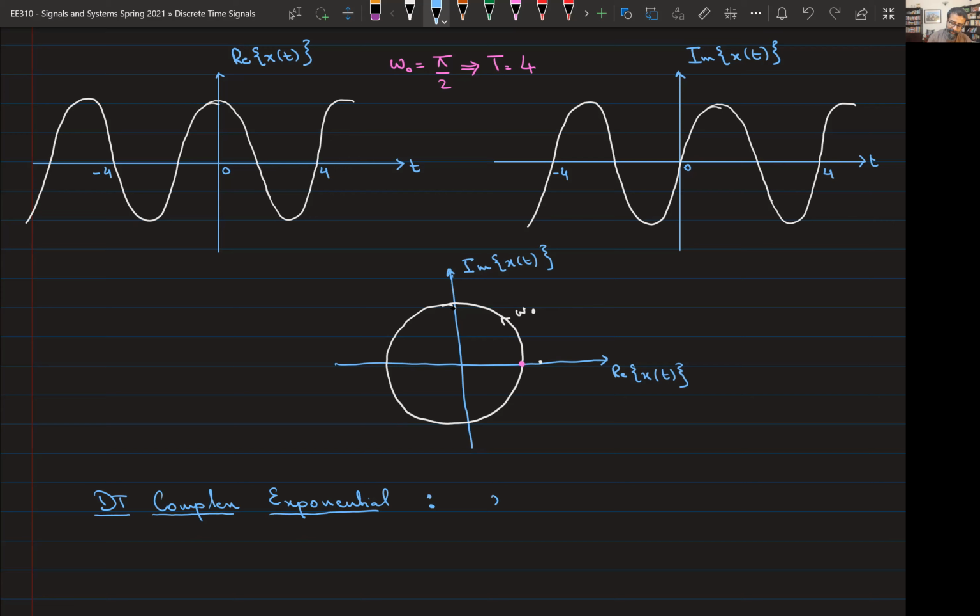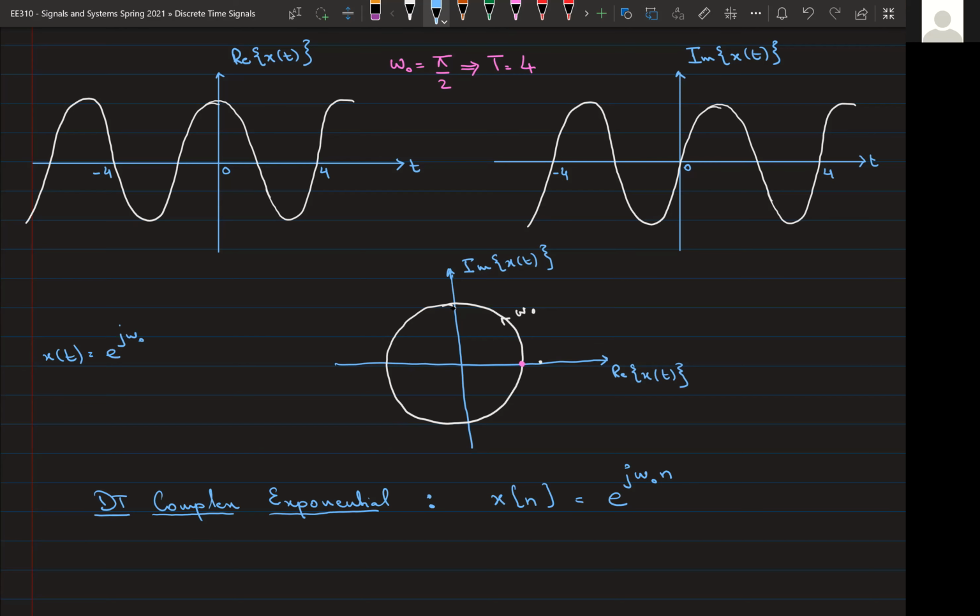So discrete time complex exponential is just defined as x of n, which is equal to e raised to power j omega naught n. Very, very similar to a continuous time exponential. Except what's the difference here? What's the difference between this and x of t, which is e raised to j omega naught t?